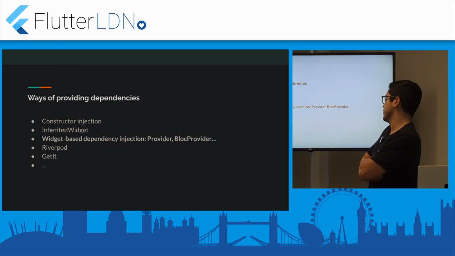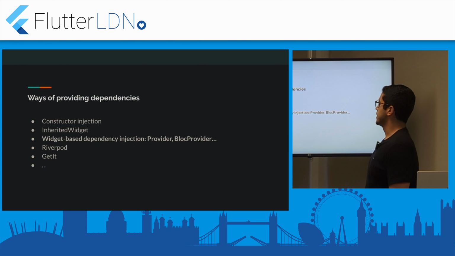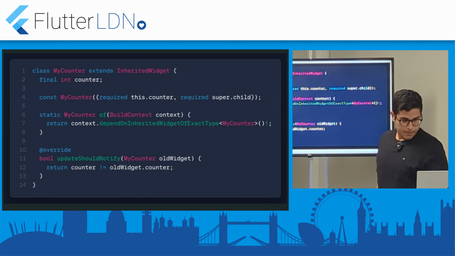We also have Riverpod, which is a dependency injection, and GetIt, which is actually a service locator, that I'm going to talk about more, each of them later in the presentation. And yeah, you name it. There are many others. Probably you guys know. Many other ways of injecting dependencies.